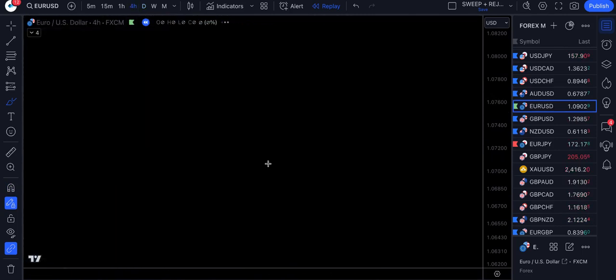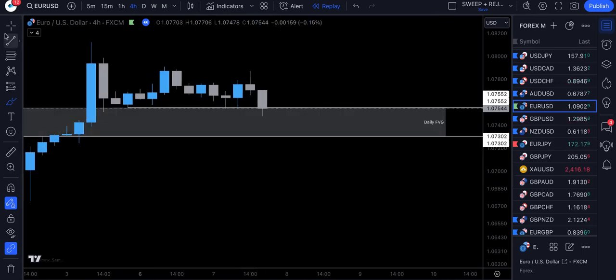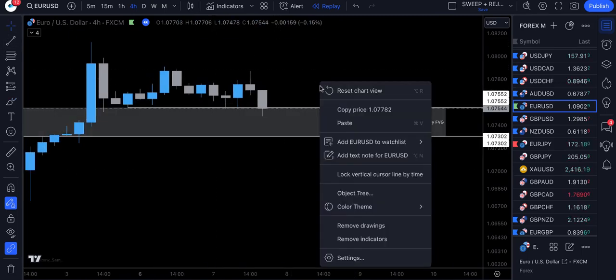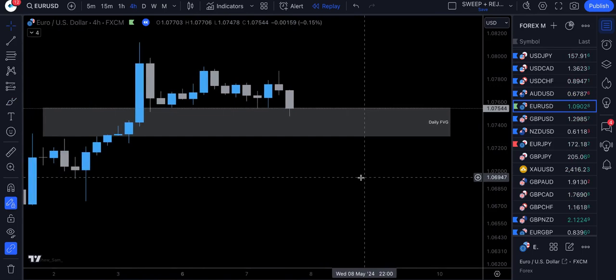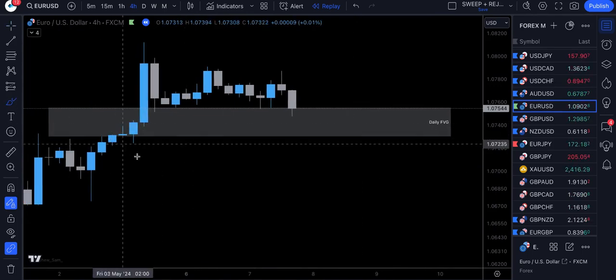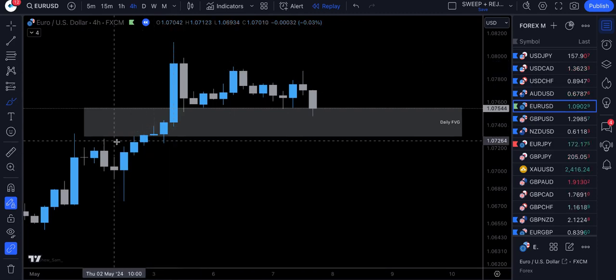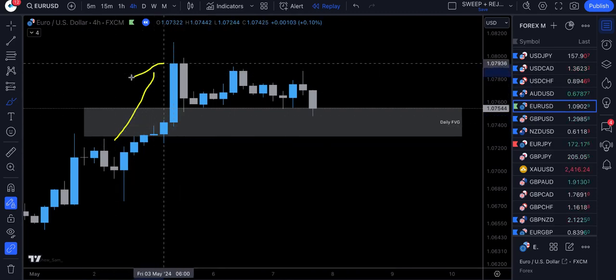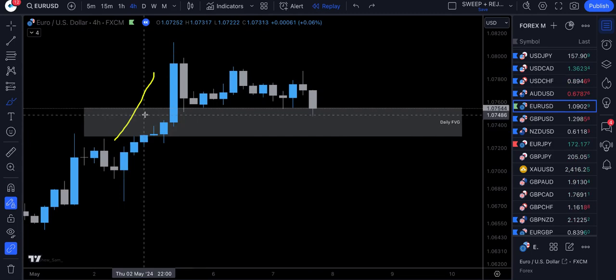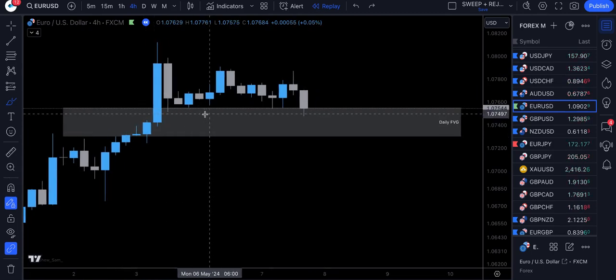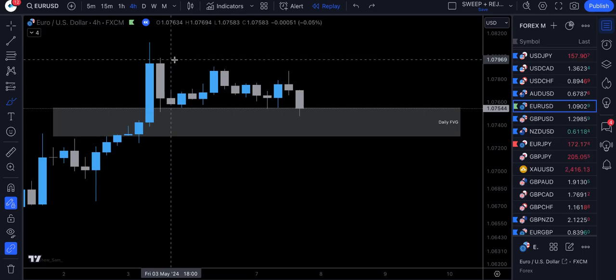Let's jump down to the 4-hour time frame here. What you can see is our daily fair value gap, and ultimately price moved very, very impulsively to the upside, leaving this fair value gap. So we understand that our thesis on this market is certainly bullish.